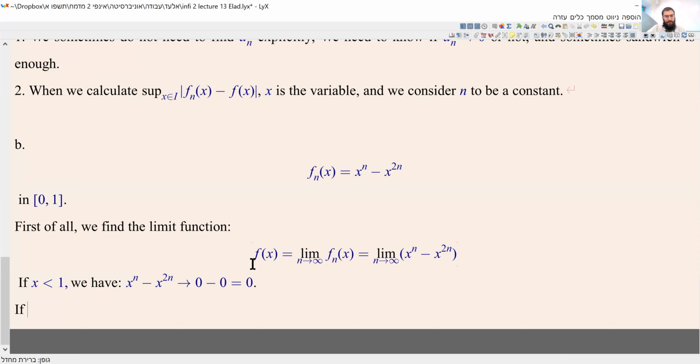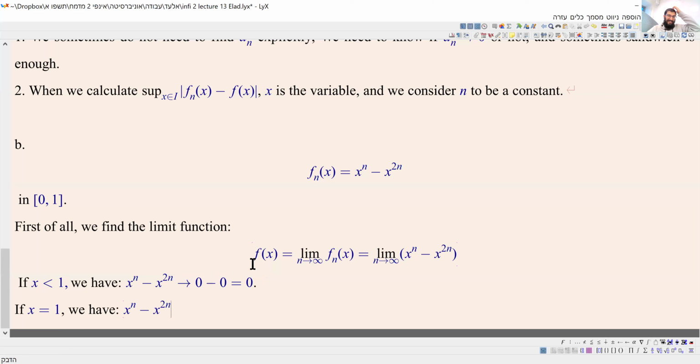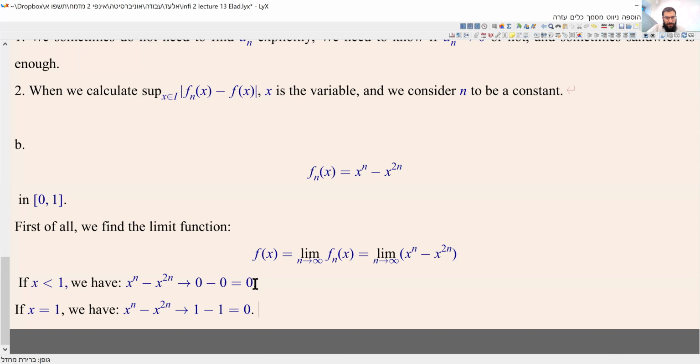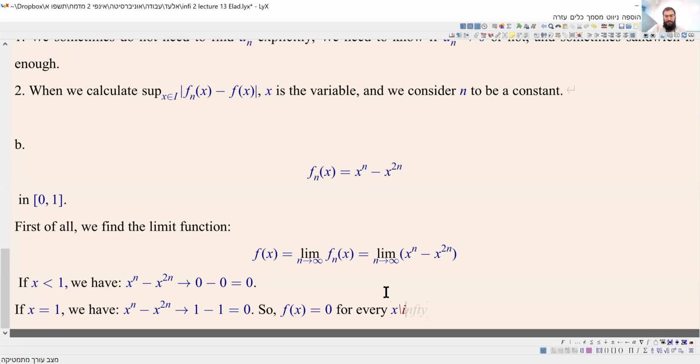If, on the other hand, x is 1, both x^n and x^2n go to 1. The bottom line, it's still 0. So this way or that way, we get 0, so one can say f(x) is 0 for every x in our segment.